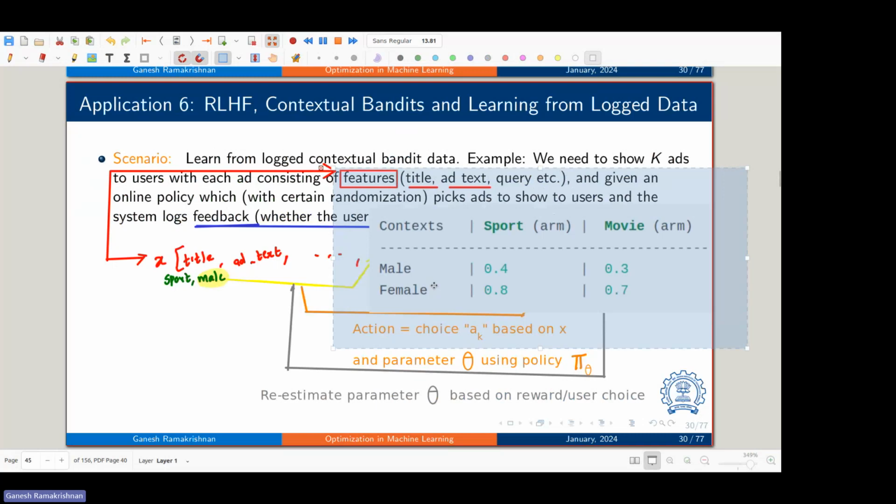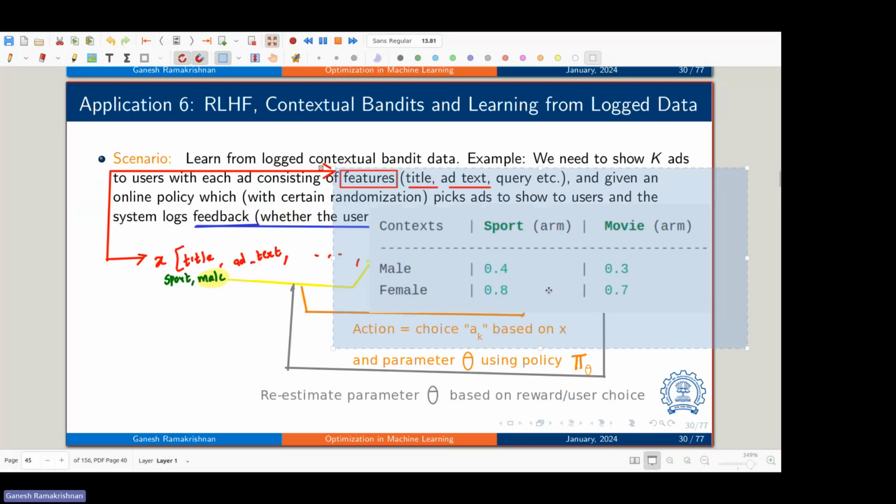So what it has done is say, okay, males and females, and the two types of ads, sports and movies. What we show in this matrix is, if males are shown sports, what is the kind of reward they give? They give 0.4. If females are shown sports, they give 0.8.